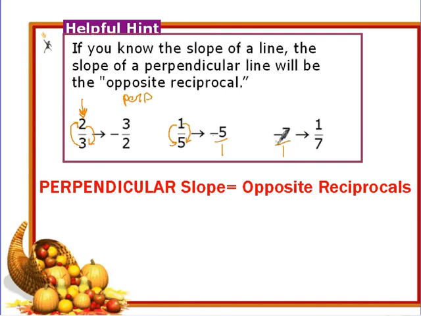So we take the opposite of that. It's negative now, we make it positive, and we flip it upside down. So it becomes 1 over 7. So original, perpendicular, the original, and the perpendicular. Or it can go the other way around. But these are perpendicular to each other because they're negative reciprocals.